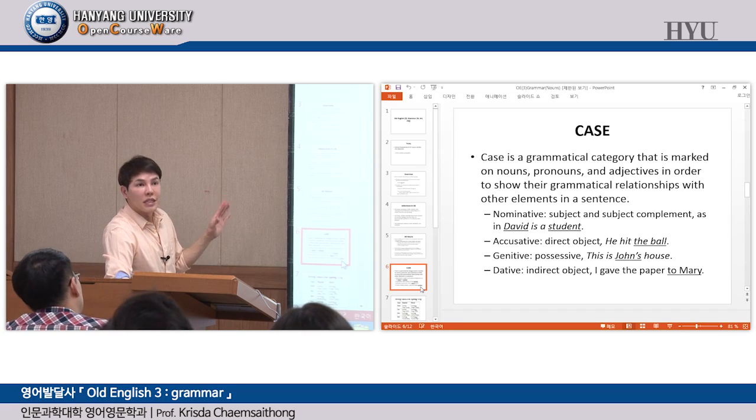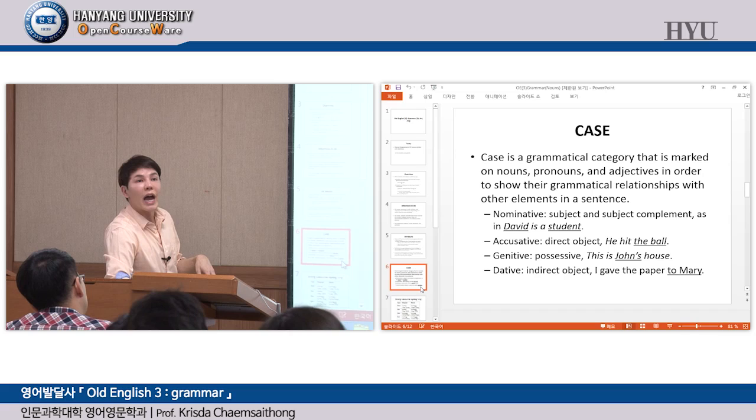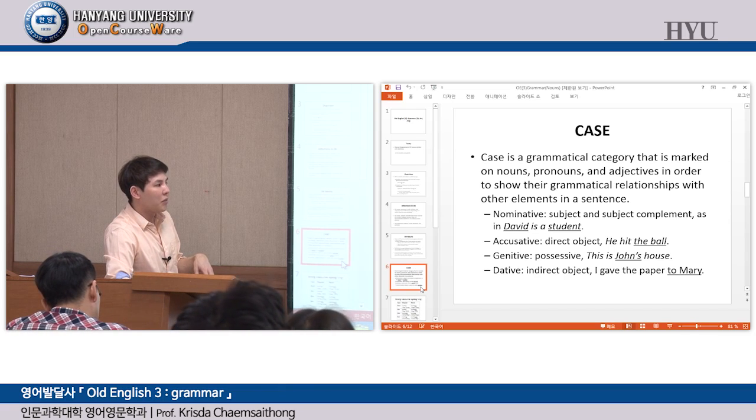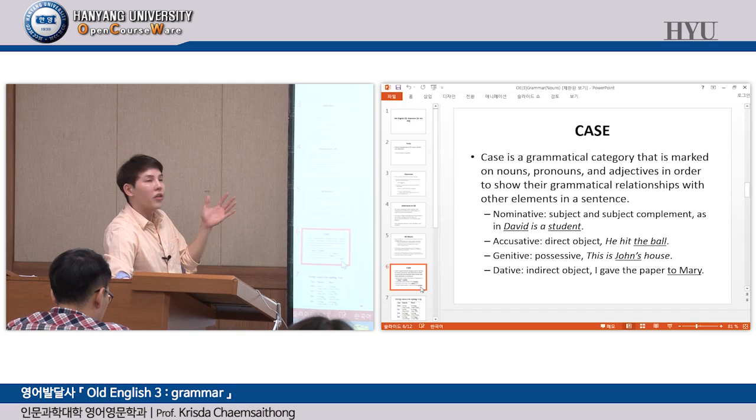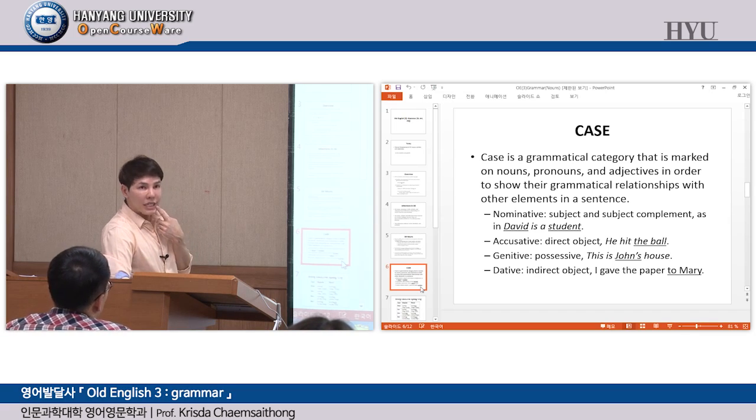Genitive case, this is easy, possessive. This is John's house, okay? John has to be in the possessive case or genitive case. You may call it one or the other. Now, notice that house is not genitive, okay? It's John that is genitive. House is nominative, because it's after the be verb, remember?